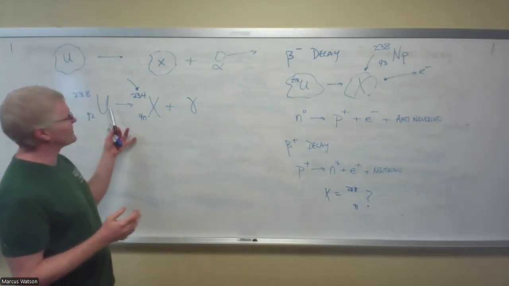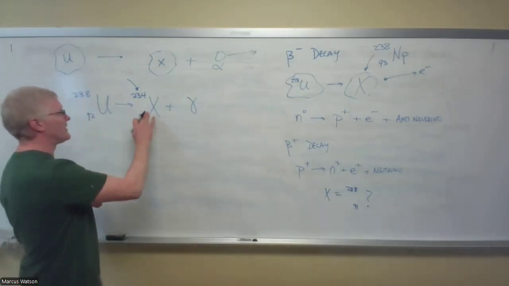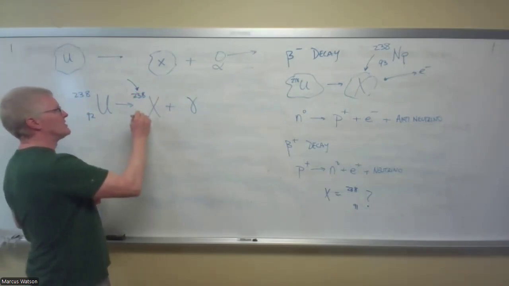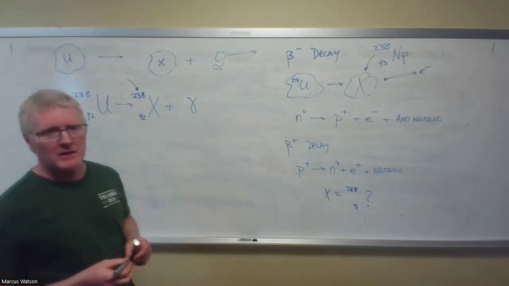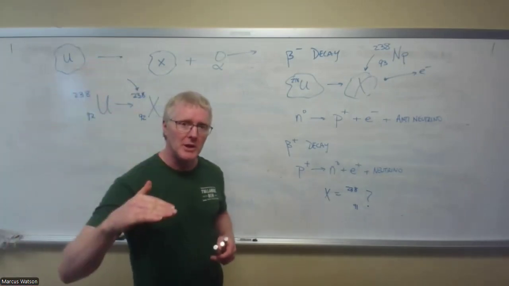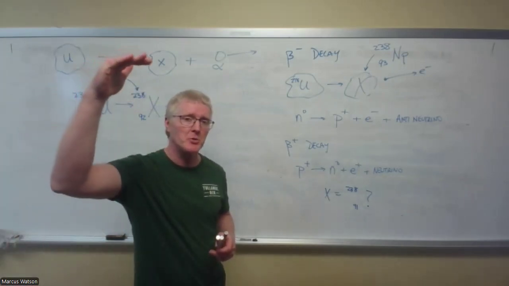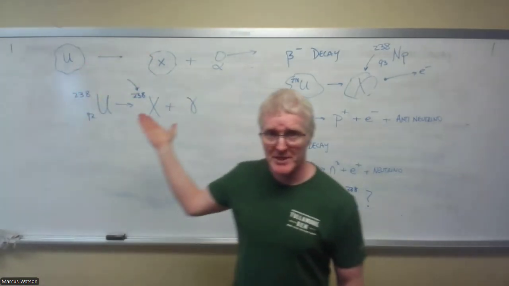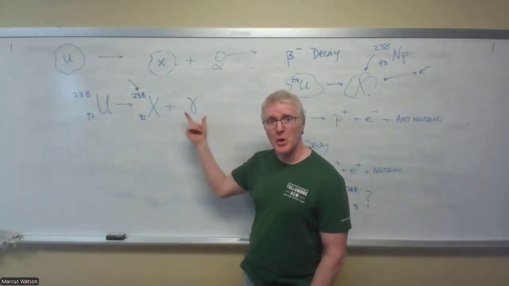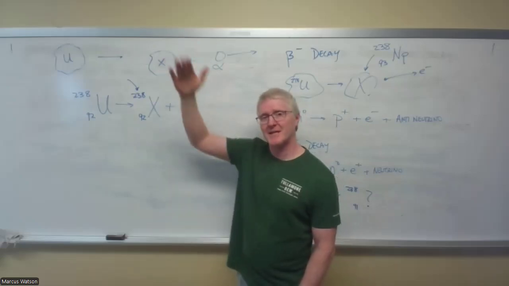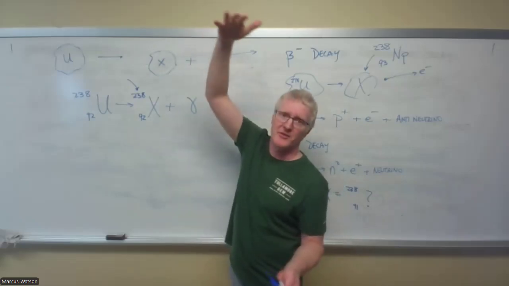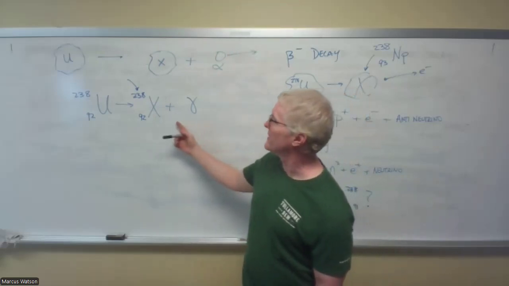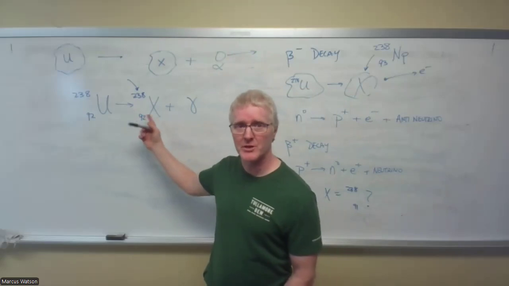What it's doing is it's causing the nucleus to decay from a higher energy state to a lower energy state. Just like an electron would drop from a higher energy state to a lower energy state and emit a photon, that's exactly what's happening. It's just that the photon is so high energy because these are nuclear states. They are separated by huge amounts. The ladder rungs are really very far apart from one another. So this is just a way for the nucleus to get rid of excess energy.